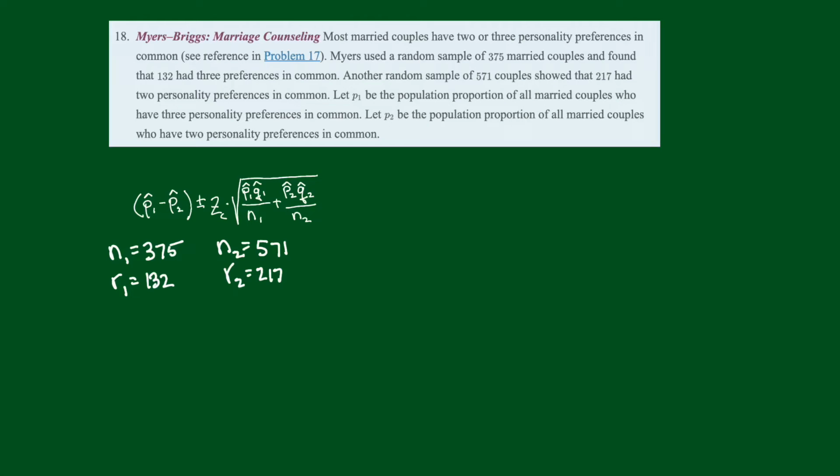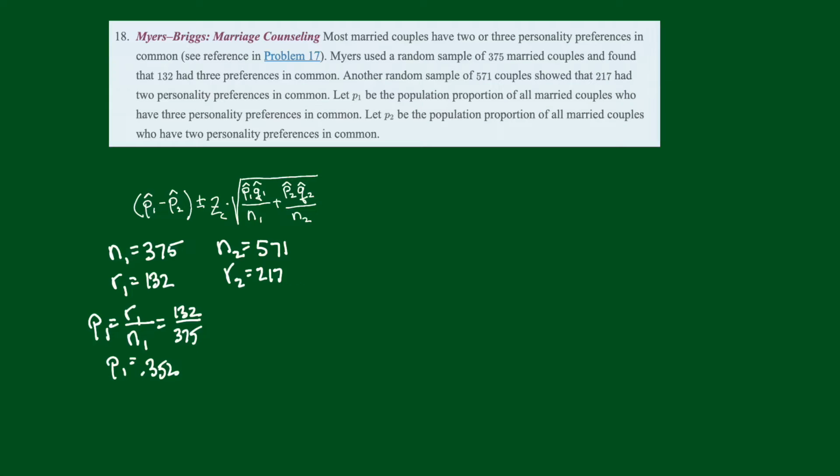Now let's go ahead and get P1 and Q1. P1 hat is going to be R1 over N1, and that is 132 over 375. I got P1 hat on my calculator as 0.352. So about 35.2% of married couples have 3 common personality preferences.